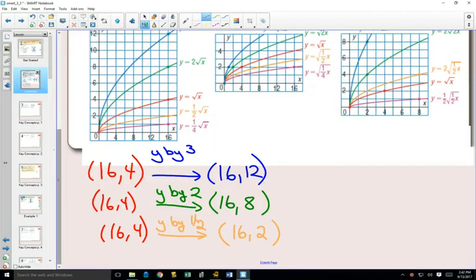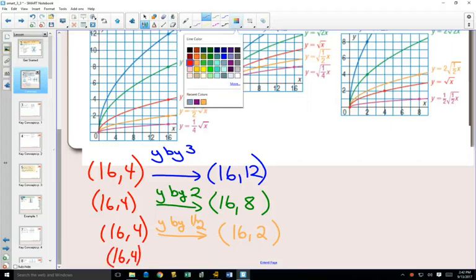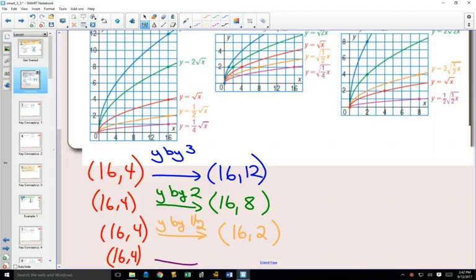And finally, in the last one, in the purple one, that 1/4 out in front, so notice I'm talking about this 1/4 right here, that's multiplying your y value by 1/4.